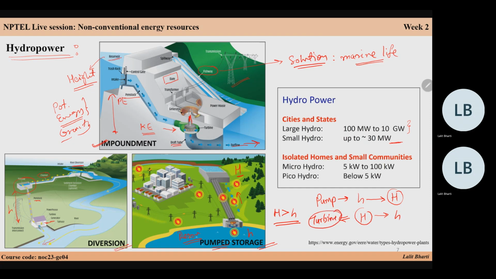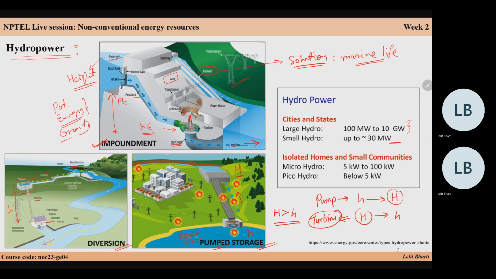So through this method, whenever the energy is required, you can just release the valves, and the water flowing from the upper height to the lower height will rotate the turbines and the generators and provide you energy whenever you need.